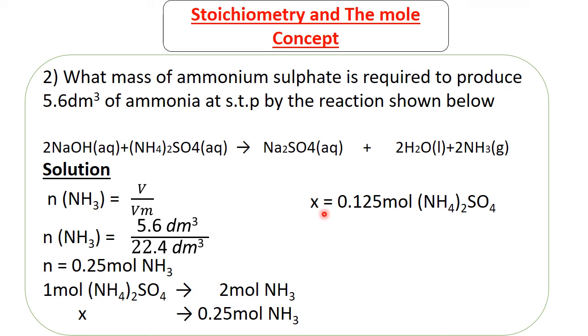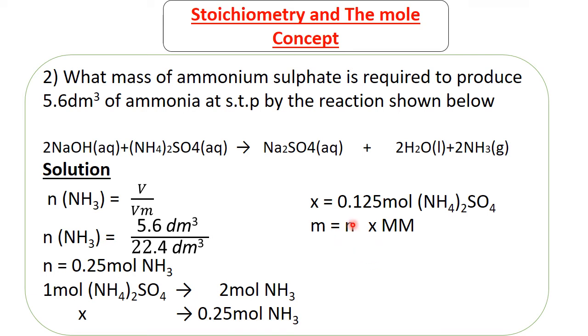Now that you have this amount of moles of ammonium sulfate, next is to get the mass. So we use the thing we learned at first, which is mass is equal to number of moles times molar mass. This is not different from what we did in the previous example, just that I have solved for m. Otherwise, it's supposed to be number of moles is equal to mass over molar mass.